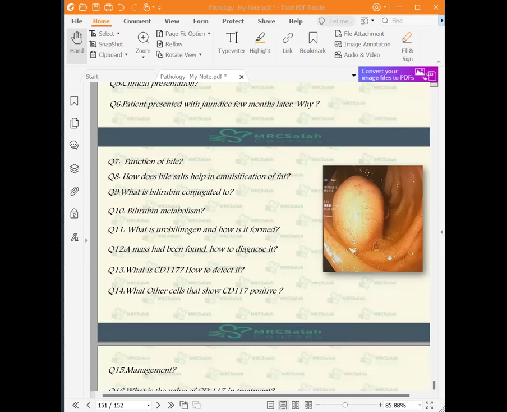Usually its hydrophobic part remains towards the lipid droplet and the hydrophilic part remains outside. The hydrophilic part is negatively charged, and it remains in the blood, which is water soluble.